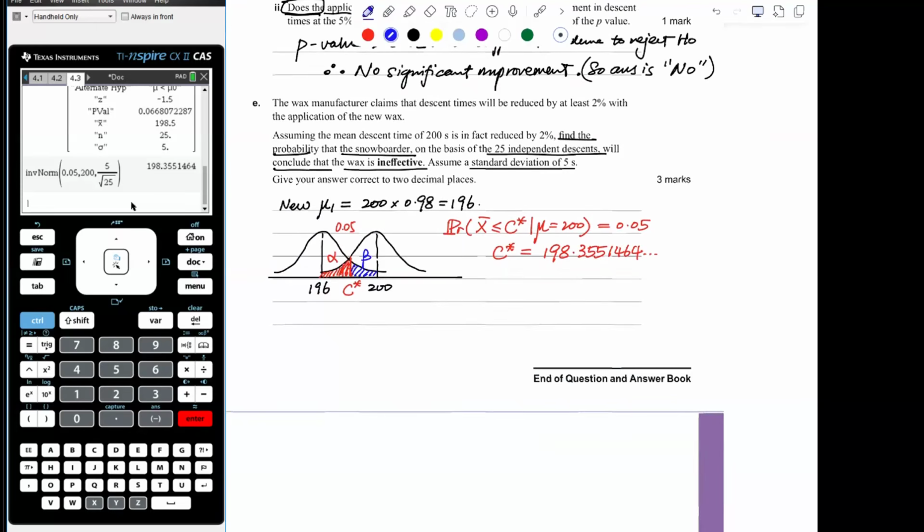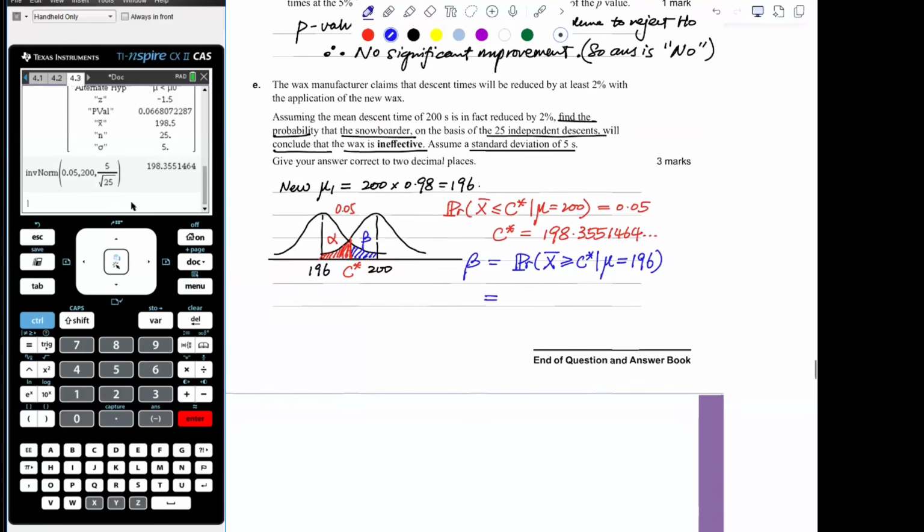Then to find the beta equals probability of x bar greater than or equal to c star. But this time it's under the actual mean 196. Okay? So you can use norm CDF from that value to infinity, 196, 5 over square root of 25.